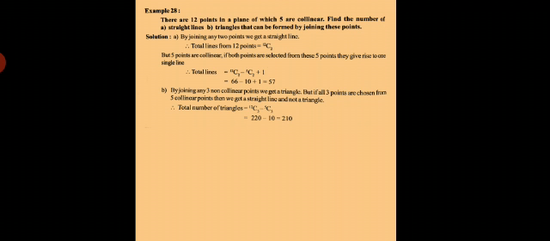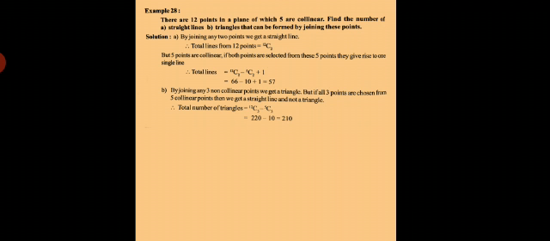If both points are selected from these 5 points, they give rise to one single line. So all 5 points make a single line. Therefore, we can write the total number of lines is equal to 12C2 minus 5C2 plus 1.